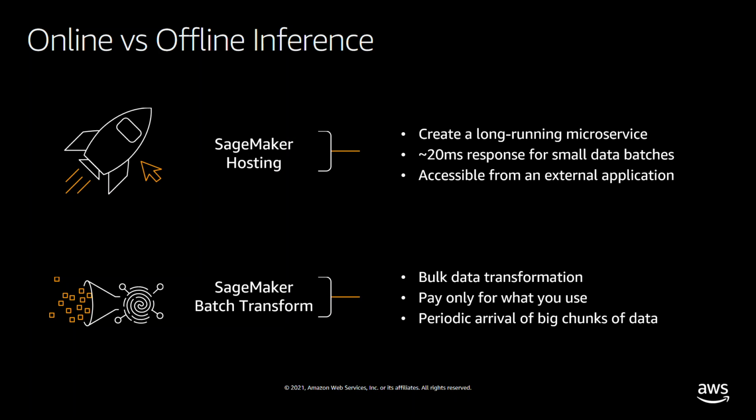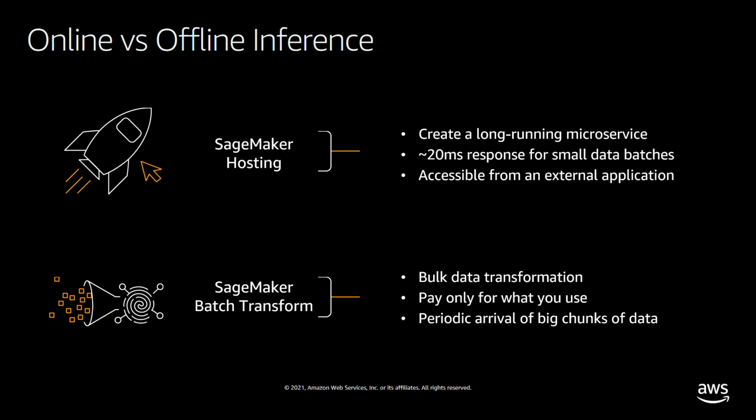Some customers' use case dictates whether they do online or offline inference, and this may be the case for you. For example, customers generating predictions for ad serving systems generally have a strict sub-second latency requirement, so they are required to do online inference.